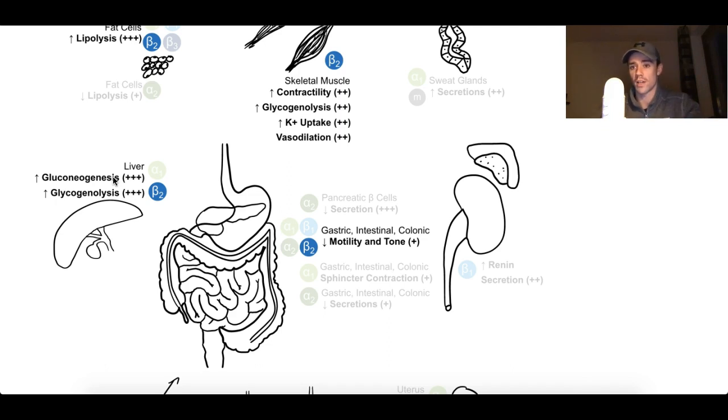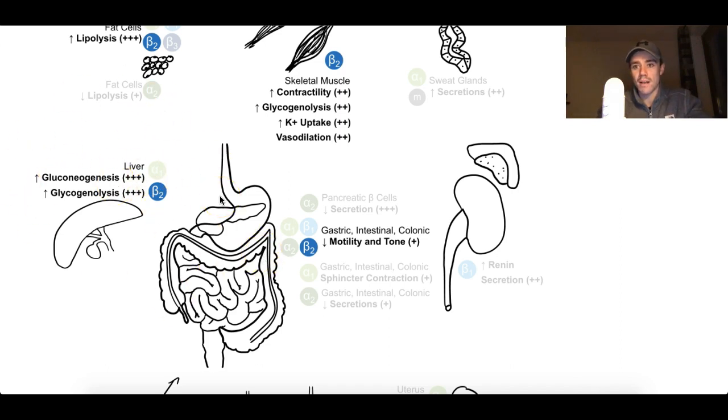Similarly for glycogenolysis, that's basically just the breakdown of glycogen branches into their free glucose form, again allowing for the body to be fueled so that our muscles can use that glucose to allow us to keep on working. So obviously you could also see why that might be a problem.